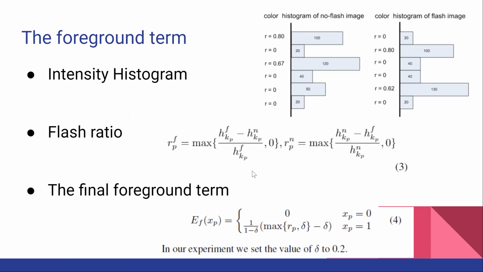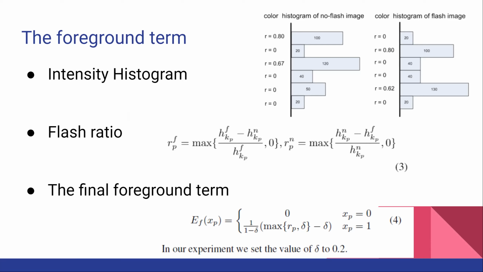The flash ratio is computed for a certain pixel from the corresponding intensity bin of the flash image and the non-flash image.